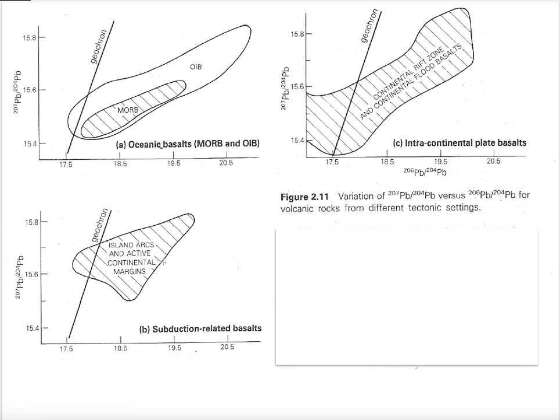And in this diagram we have the island arcs and active continental margins, some of them showing lower ratios compared to the OIB and to the intracontinental plate basalts. But the intracontinental plate basalts also go to very low 206 lead to 204 lead ratios.